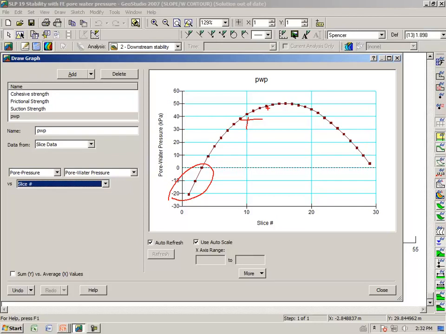I won't talk about the other aspects of this particular problem. The idea here is to illustrate how pore pressures are taken from SEEP/W and used in a SLOPE/W analysis.